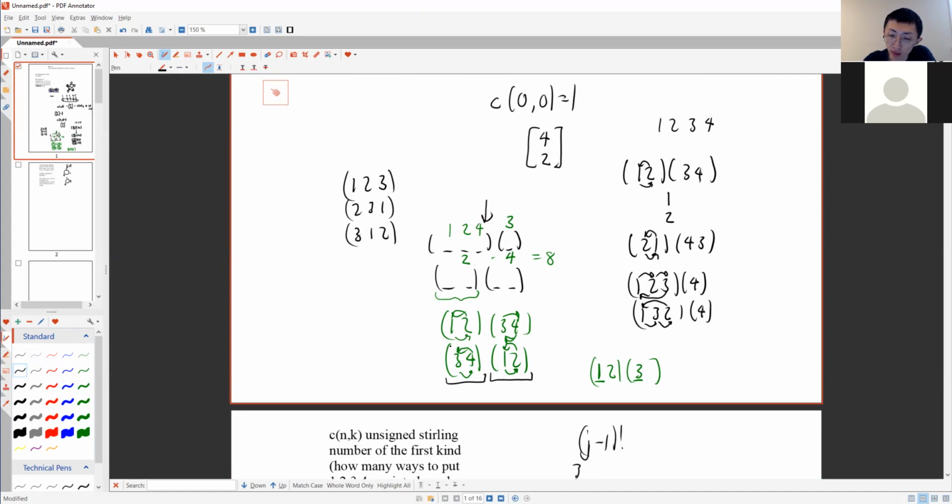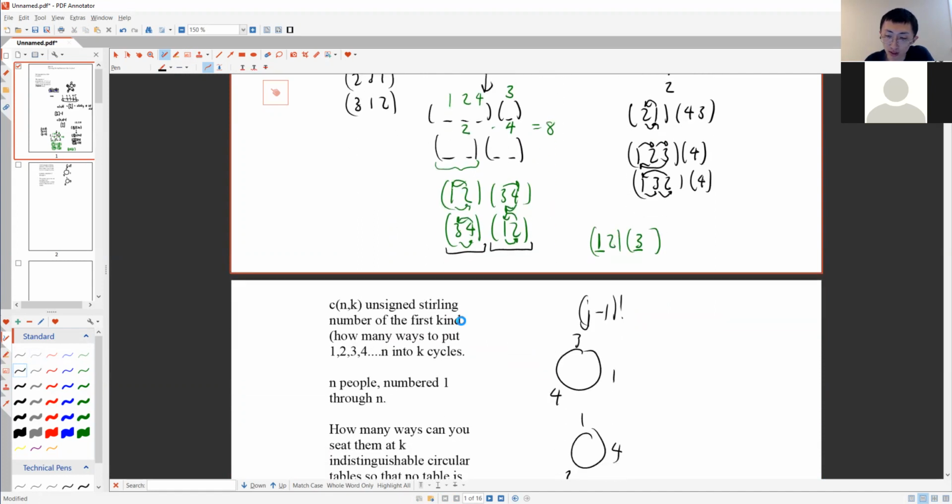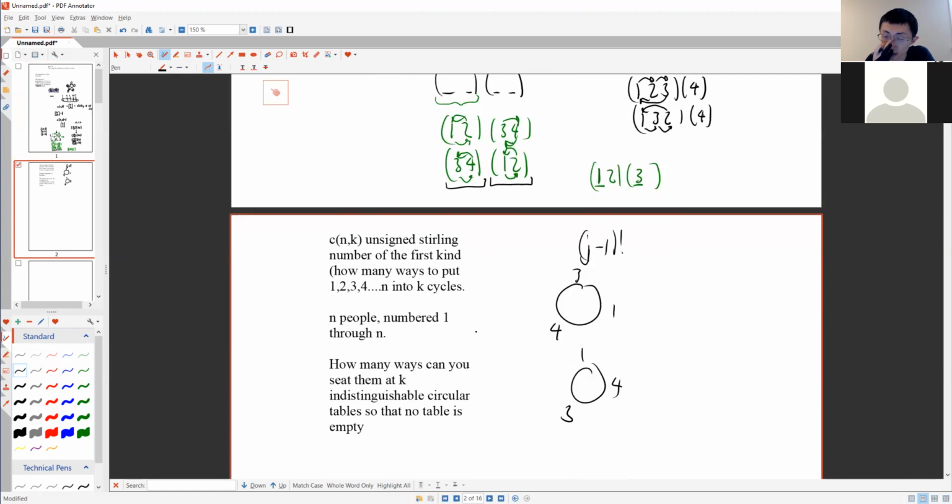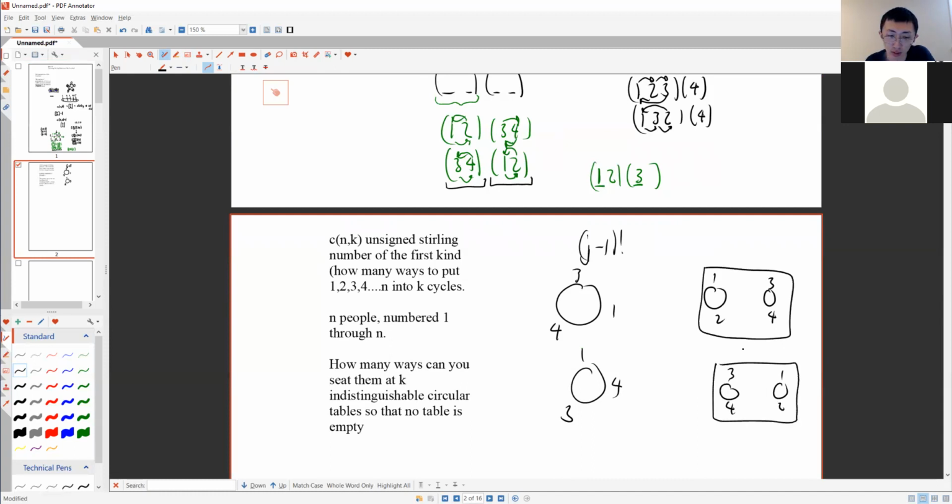If the tables were distinguishable, then it would be 6, but the 2 tables aren't distinguishable. So this would be the same as this, because the tables are indistinguishable.